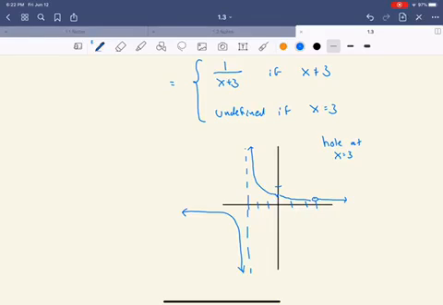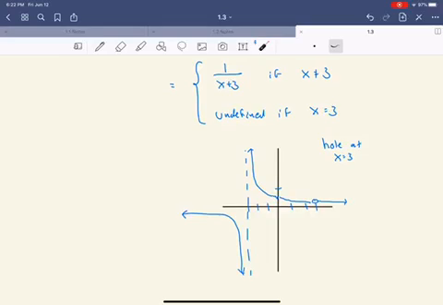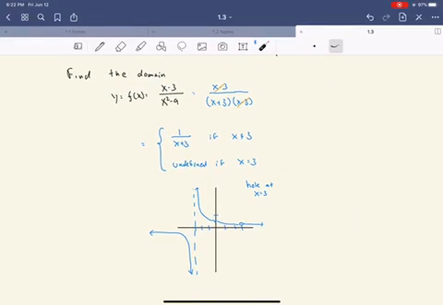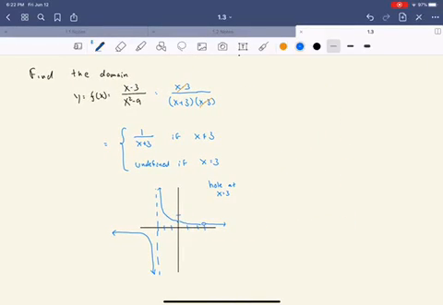And that's what this is indicating. So the domain here, let me write it out in interval notation, is negative infinity to negative 3, from negative 3 to 3, and then from 3 to infinity.